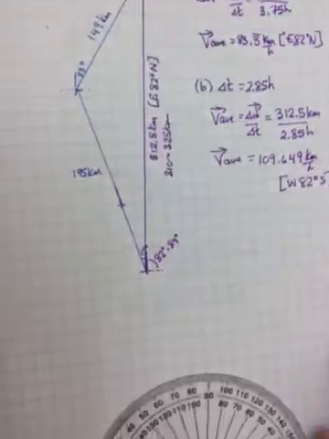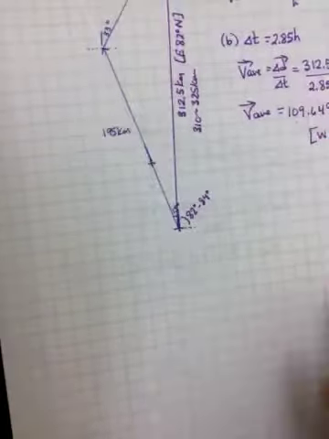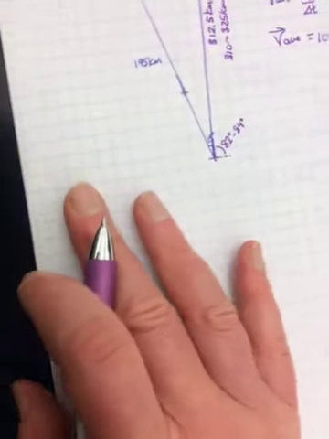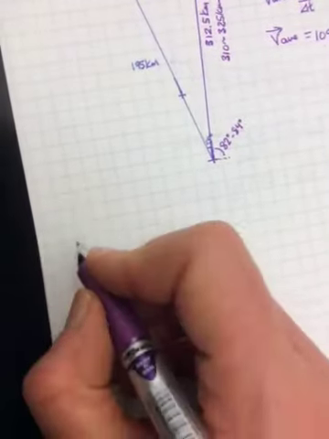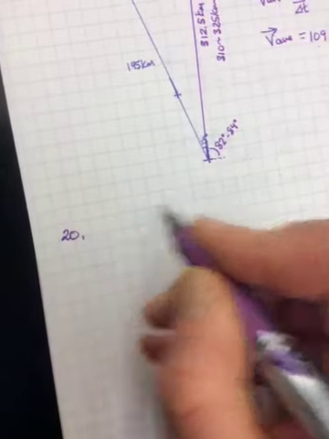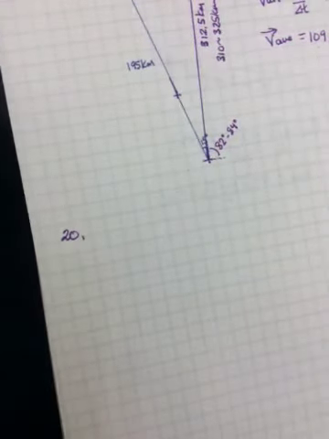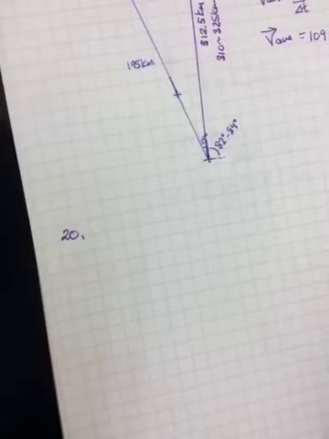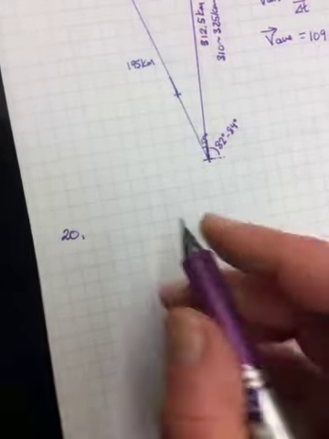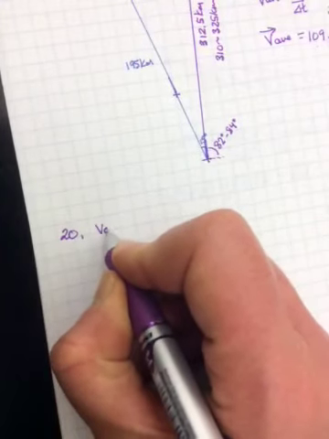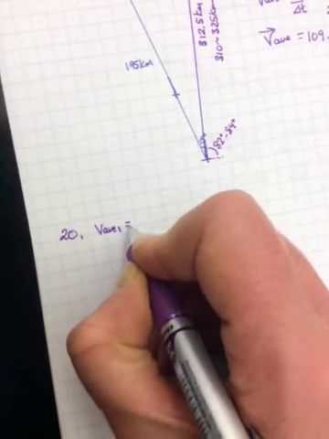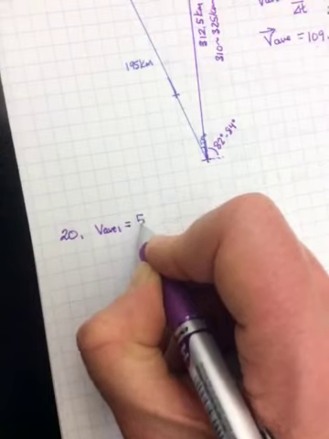Okay? All right. Skipping down to number 20, because I said I'd come back to number 19 at the end. So number 20 says, a hiker sets out on a trek north 35 degrees east at a pace of, so VAV1 is 5 kilometers per hour.